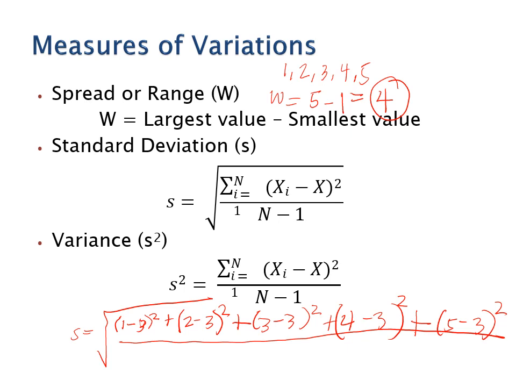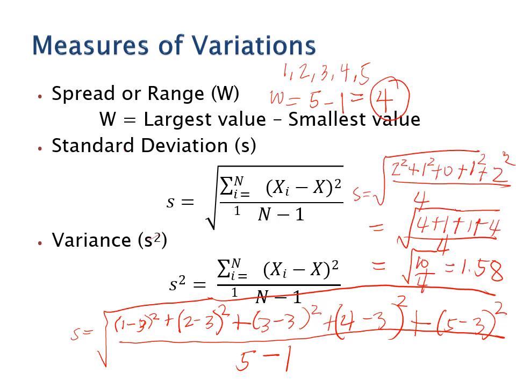Over n minus 1. So, n, ilan sila? 1, 2, 3, 4, 5. So, you have 5 minus 1. So, square root ng lahat ng yon. So, here, kinompute ko na yung standard deviation.